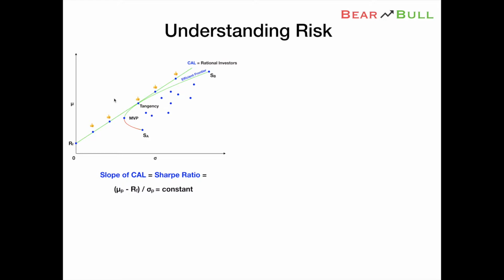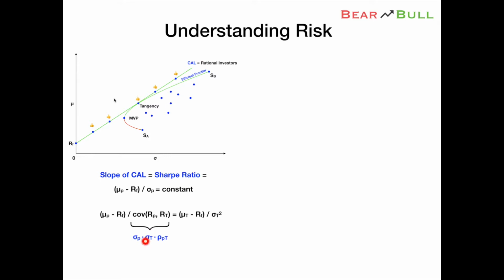Assuming that investors are rational and that we have market equilibrium, there's an important mathematical property of the tangency portfolio which I hadn't mentioned before. Looking at this formula here, we see that the mean return of any portfolio minus the return on the risk-free asset, this is often called the return premium of the portfolio, divided by the covariance of the portfolio with the tangency portfolio, should be equal to the premium paid on the tangency portfolio divided by its variance.